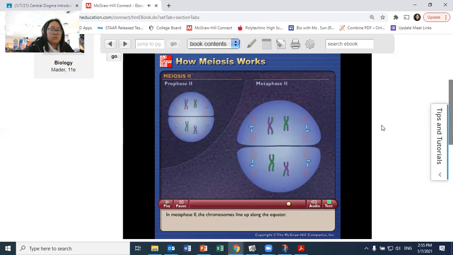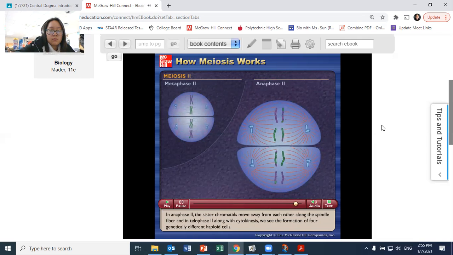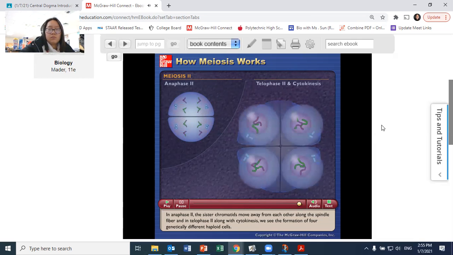In metaphase 2, the chromosomes line up along the equator. This is different from metaphase 1, where the homologous chromosomes were lined up. In metaphase 2, each cell has only 1 of each homologous chromosome. In anaphase 2, the sister chromatids move away from each other along the spindle fiber. And in telophase 2, along with cytokinesis, we see the formation of 4 genetically different haploid cells.